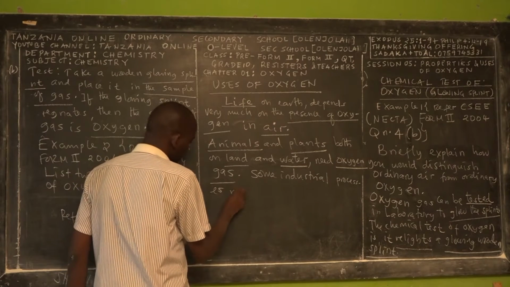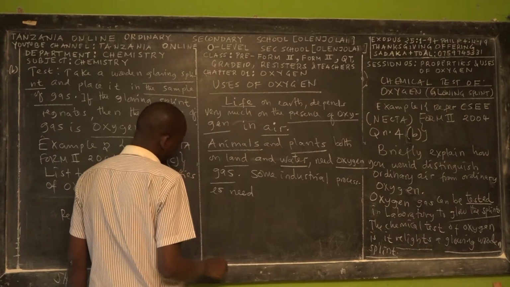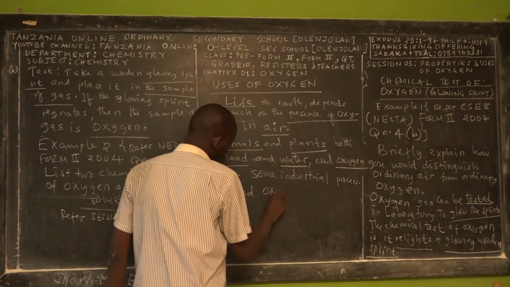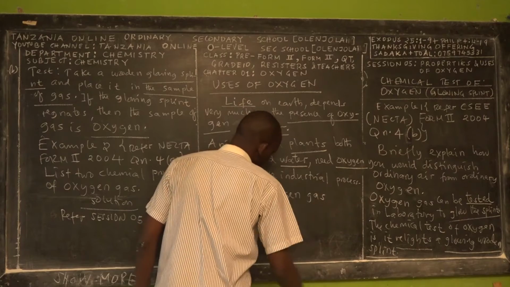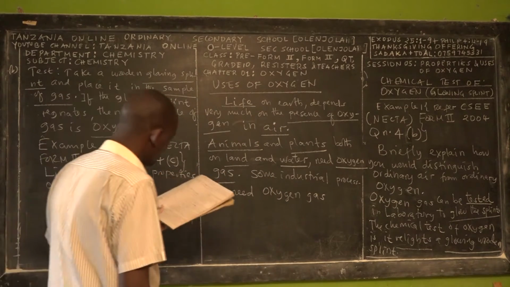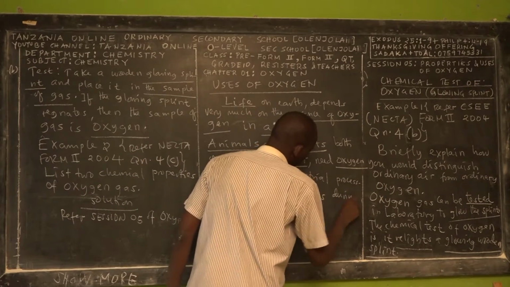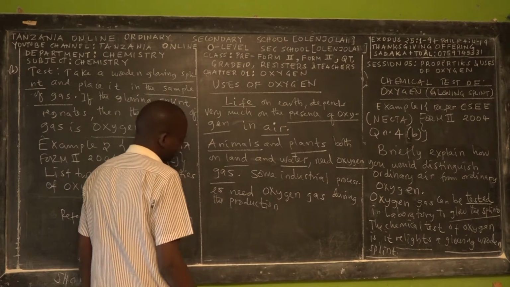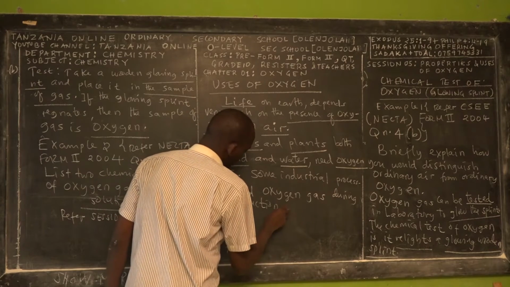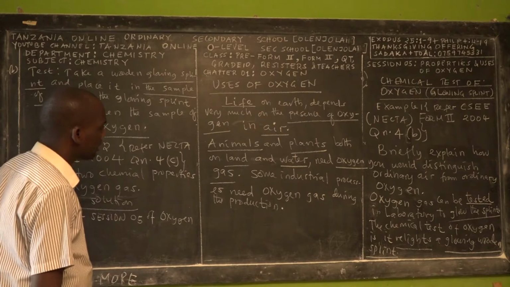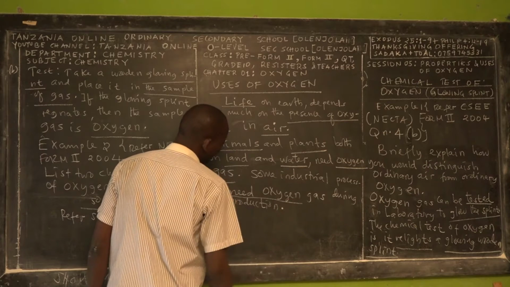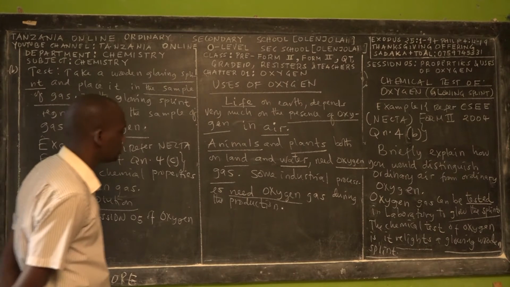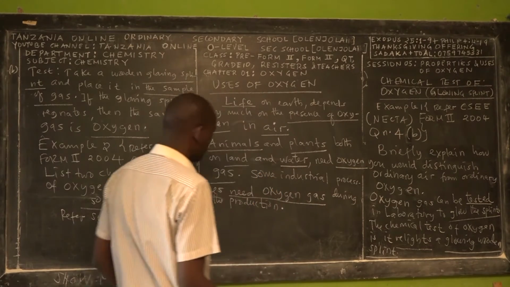Some industrial processes also need oxygen gas during the production of different substances, of different industrial substances.